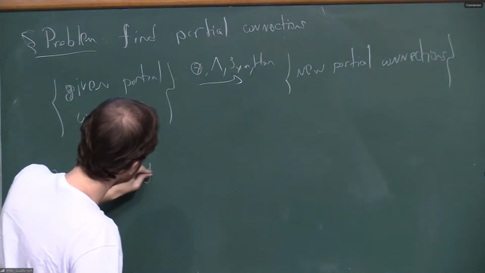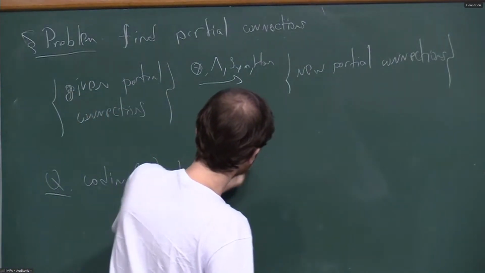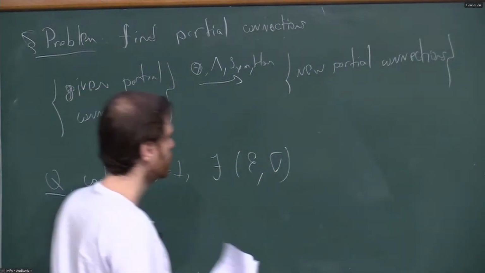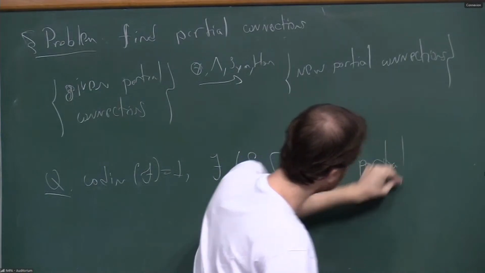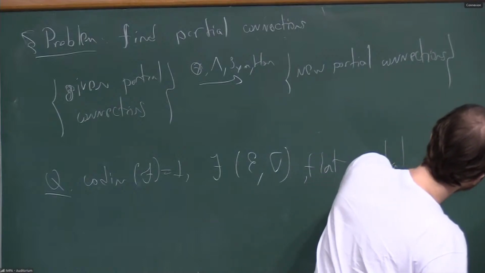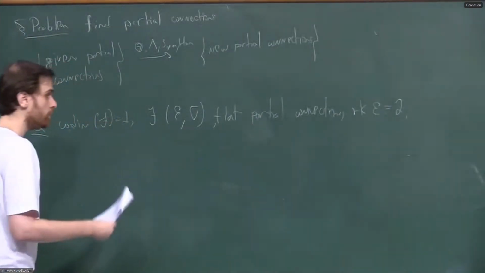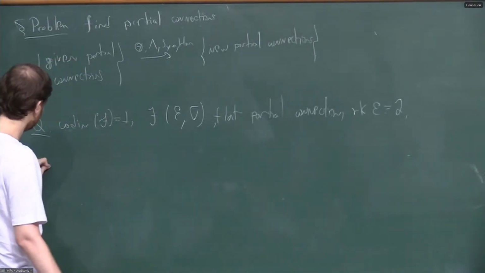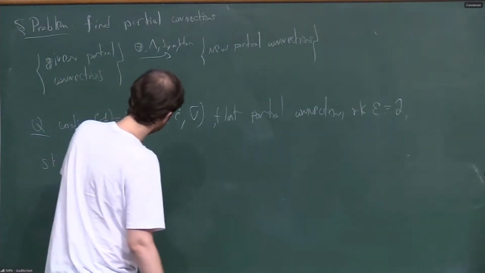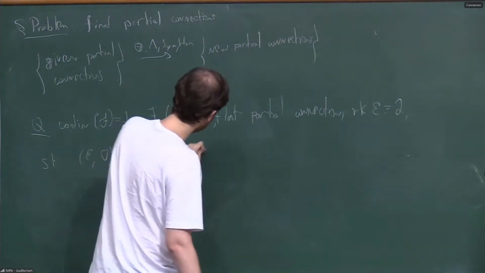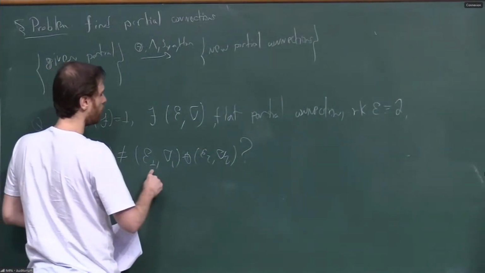Consider a foliation of codimension 1 now. Is there a flat partial connection on a rank 2 sheaf that is indecomposable, such that it is not the sum of flat partial connections on rank 1 sheaves?